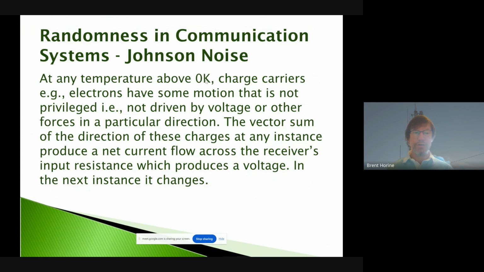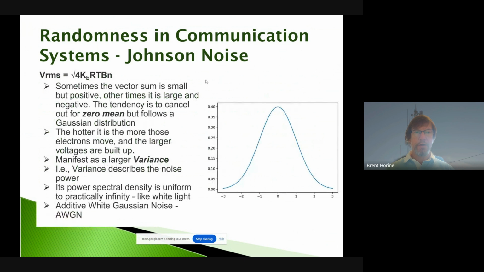Because there's some finite resistance in a circuit, minute changes in current show up as voltages, and they vary in such a way that sometimes they add, sometimes they subtract.